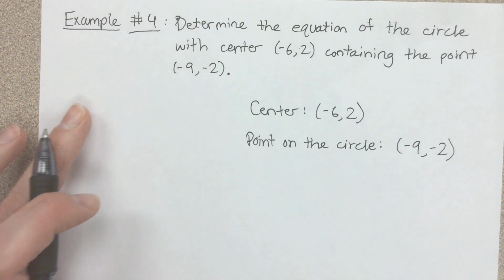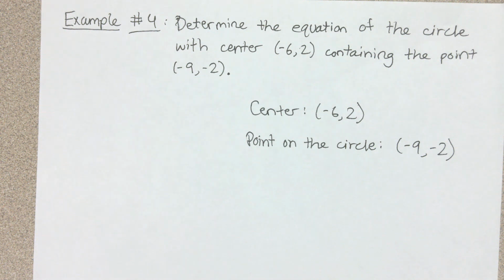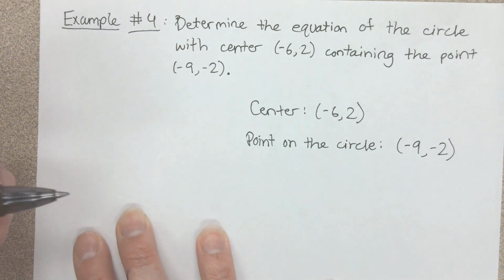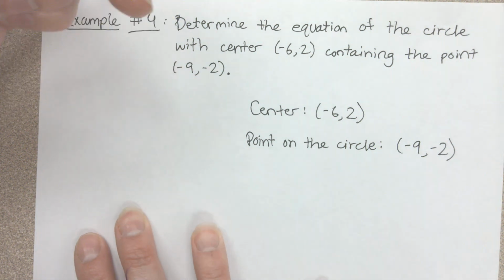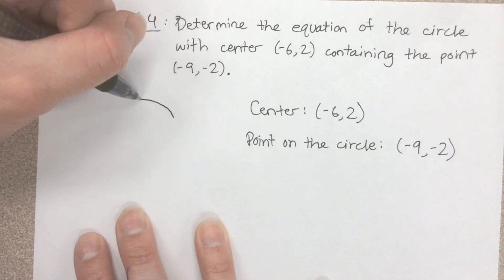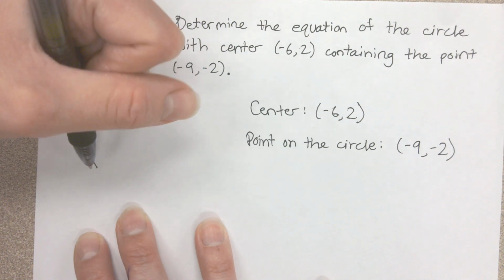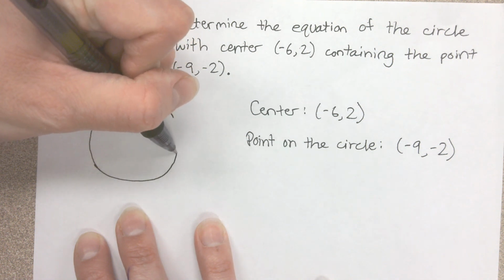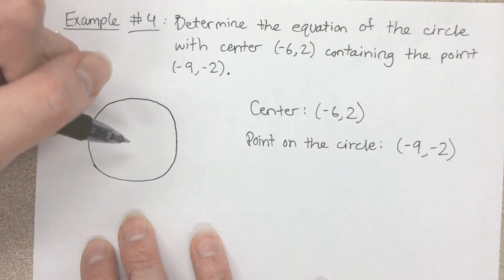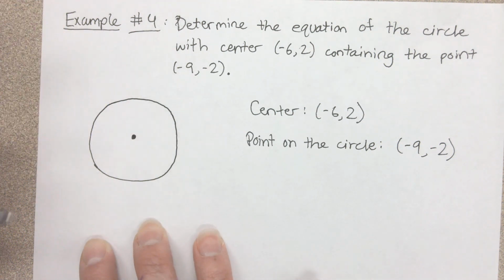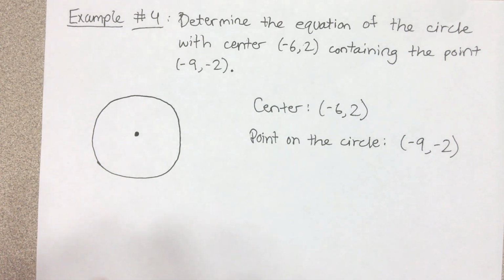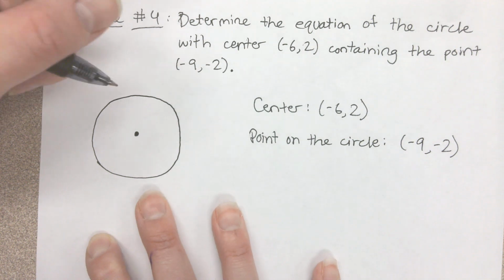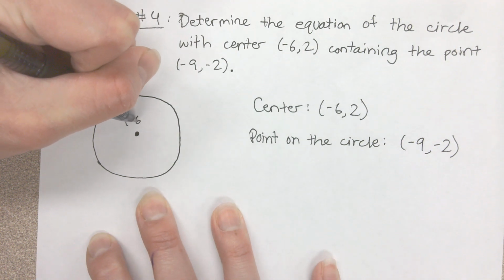So to kind of help show you what we need to do, I'm going to draw a visual. It's not going to be perfect, but just kind of visualizing this scenario. So again, draw a circle. And we have our center point here at -6, 2.